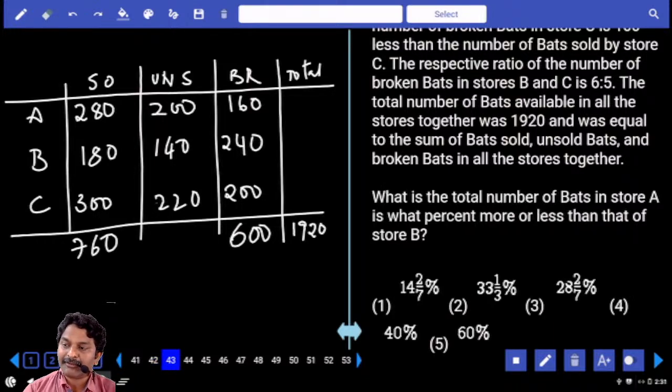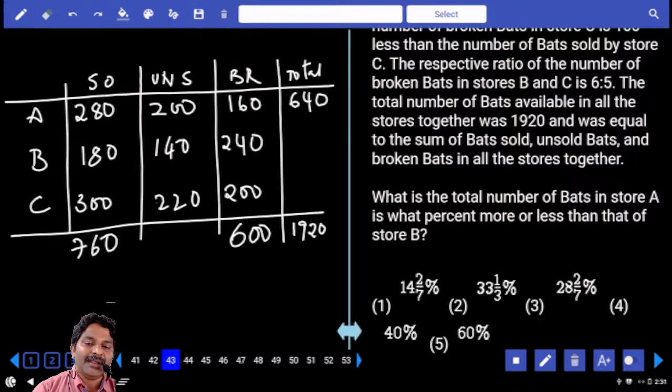What is the total number of bats in store A, and is it what percent more or less than in store B? In store A, total how many bats are there? Total in the sense we need to add broken, sold and then unsold. Add hundreds places: 500. Tens places: 140. Total 640.